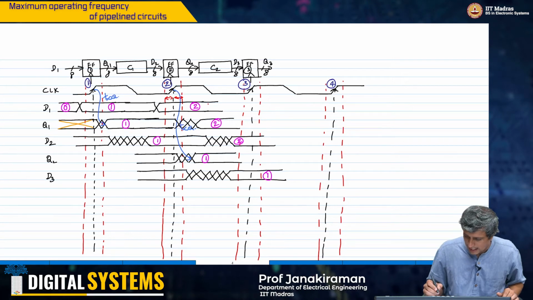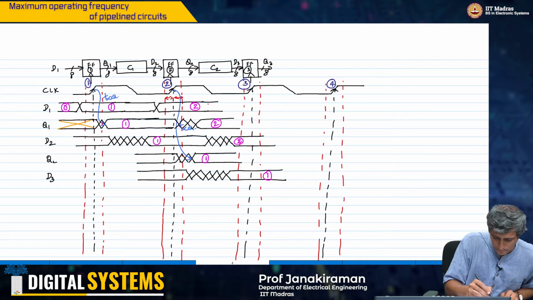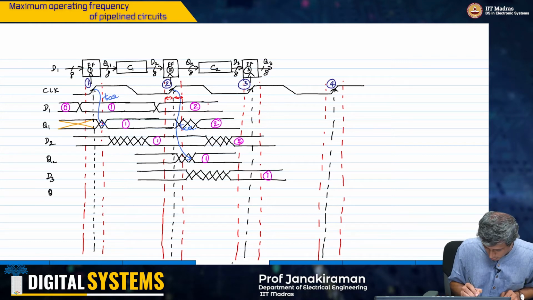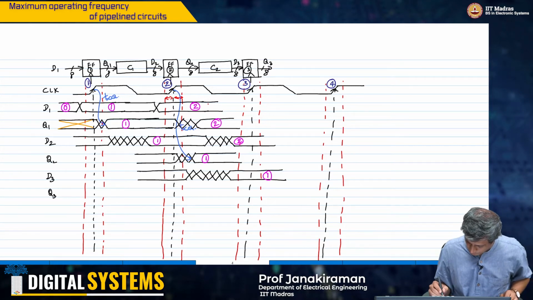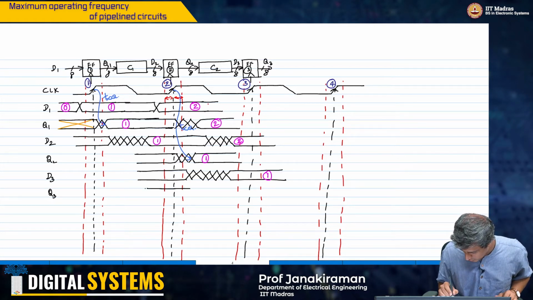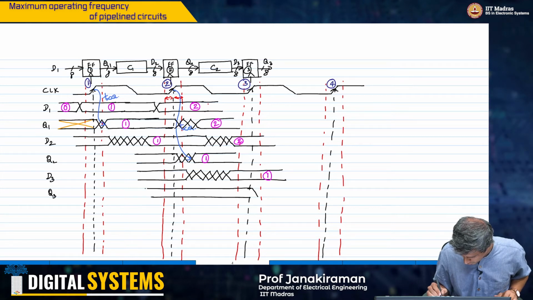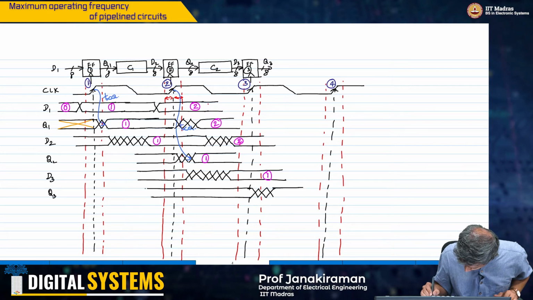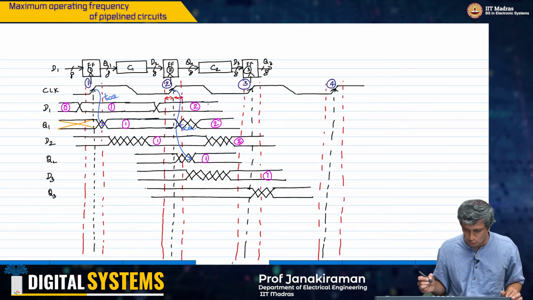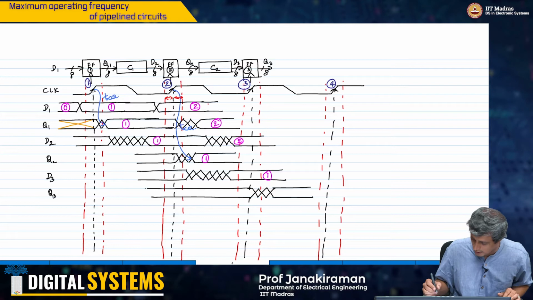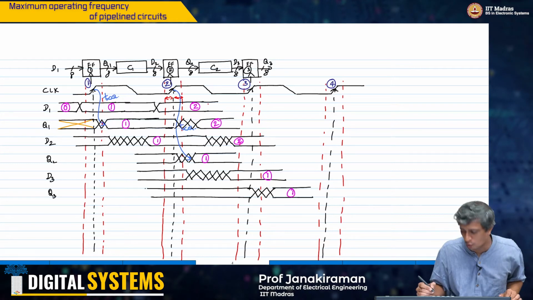And obviously at the clock edge, Q3, the data will be captured by the clock edge. And after some TCQ, this event 1 will appear at the output here.